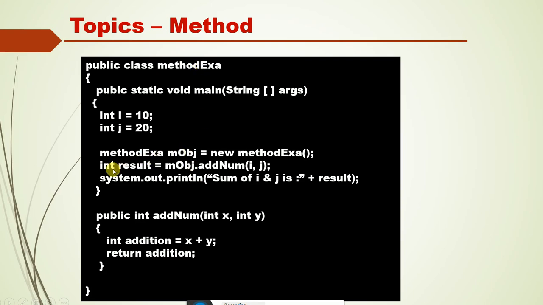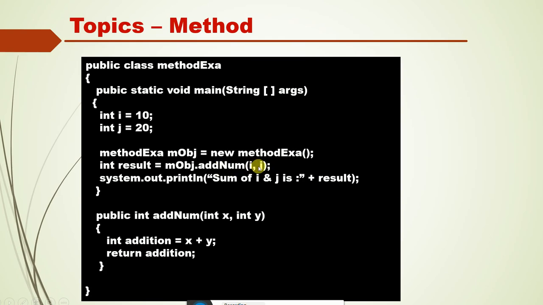In the next step, I declare one variable, int result. In this variable we access the method addNum with the help of mObject. mObject dot addNum, this method we call, and it has two parameters, i and j.